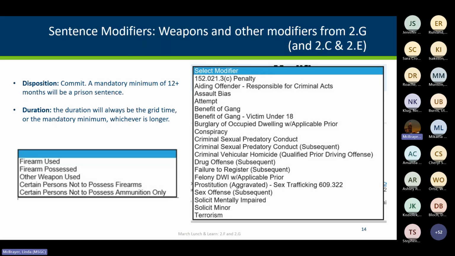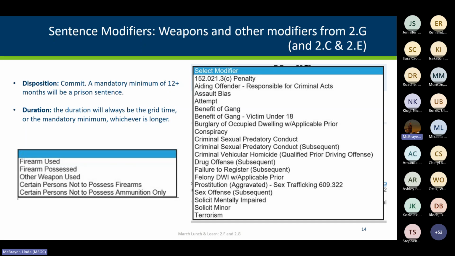But some of the ones in that drop-down list are found in section 2C or section 2E. They're not necessarily just from section 2G, the modifiers.